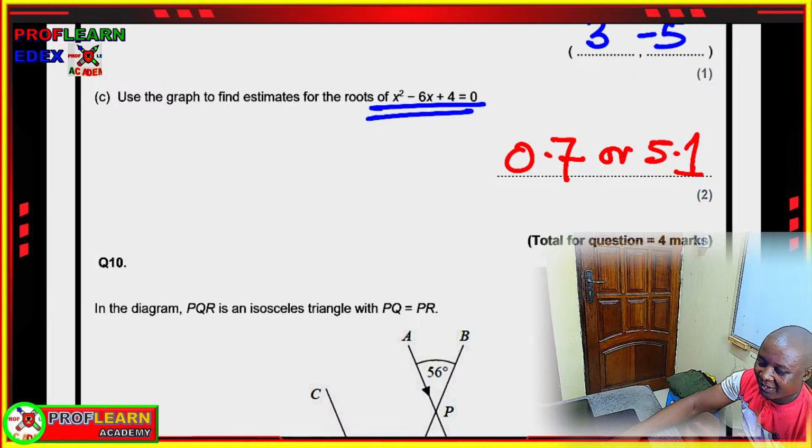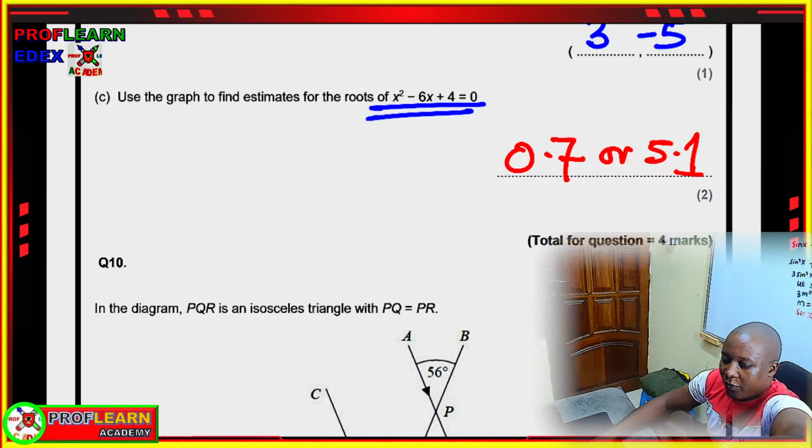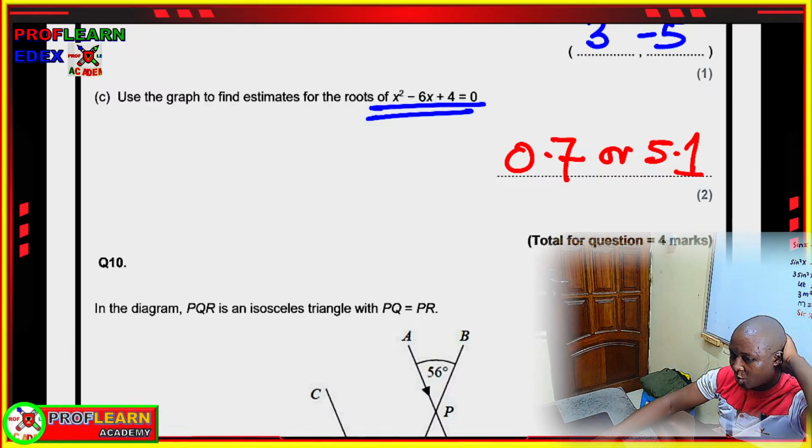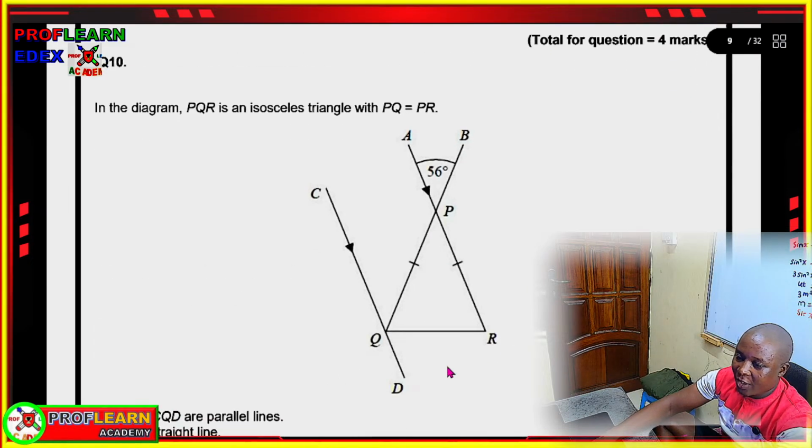All right, so that's what we are supposed to do as far as the roots of a quadratic equation are concerned. At this point, I want us to move to the next question that is down here, and I would like you to be active in the chat section.